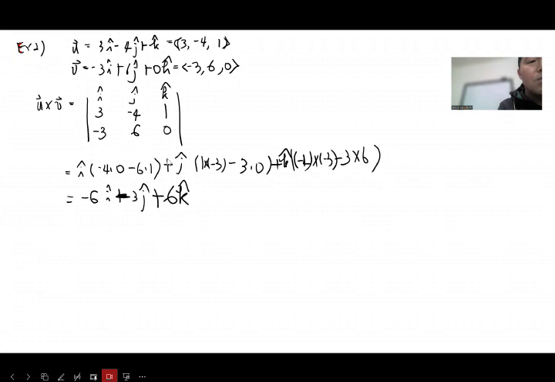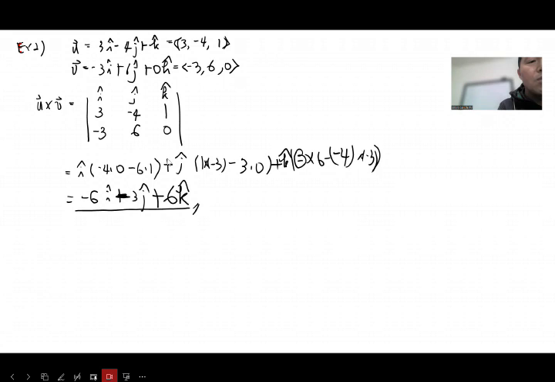Oh, here, this one should be first, that 3 times 6 minus minus 4 times minus 3. So that is the cross product of the two vectors.